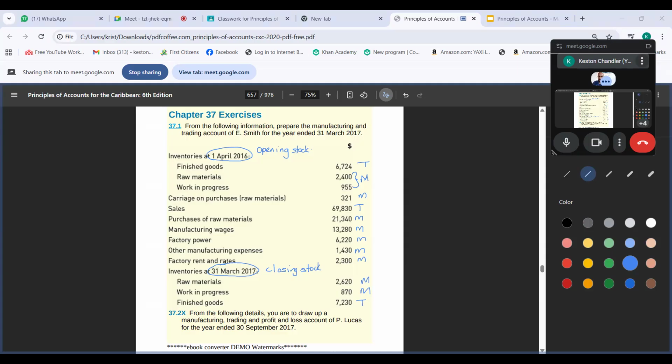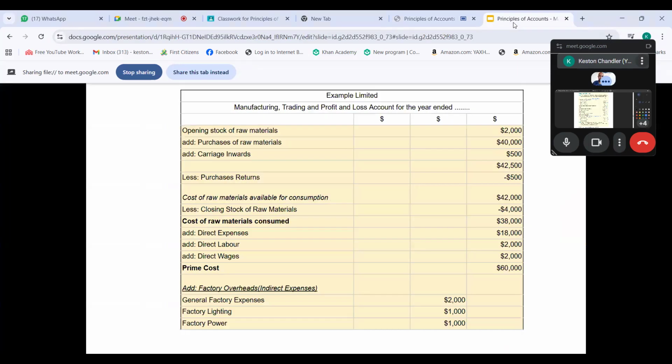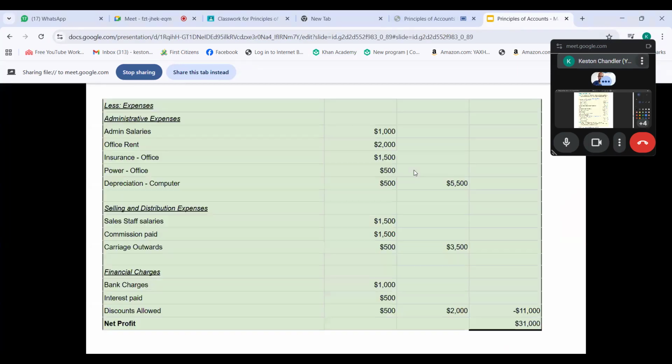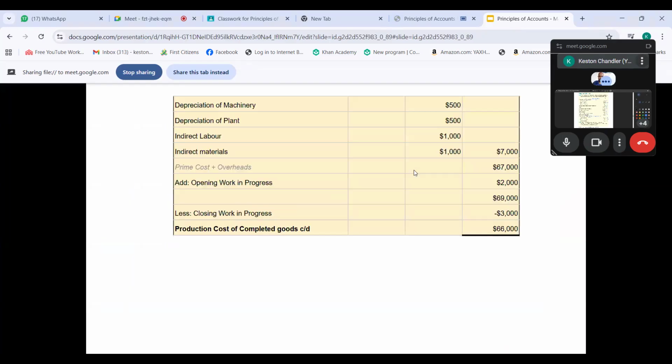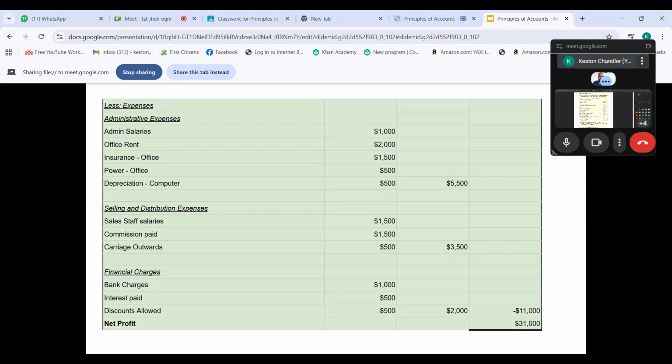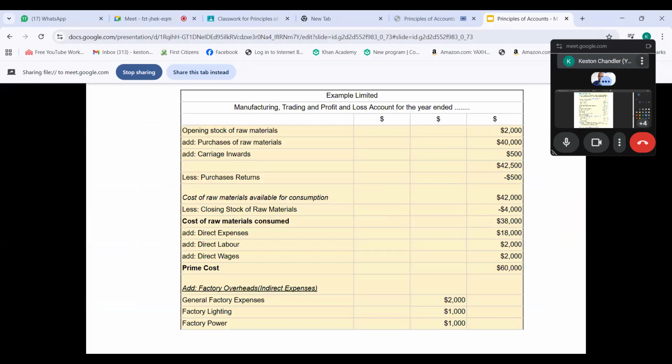So I'm going to snip this out. This is Smith.